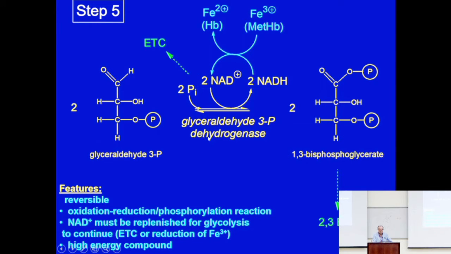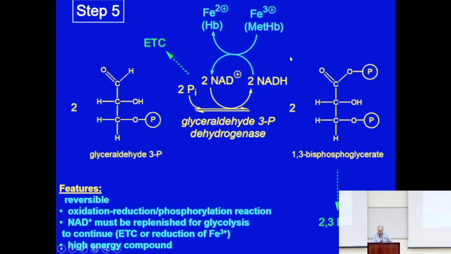Actually, two things are going to happen. Look here and look there. You've oxidized that molecule, glyceraldehyde 3-phosphate, and you've added a phosphate. When you oxidize something, always a good rule, that means something else has to gain those electrons.